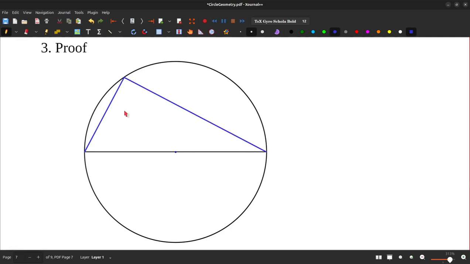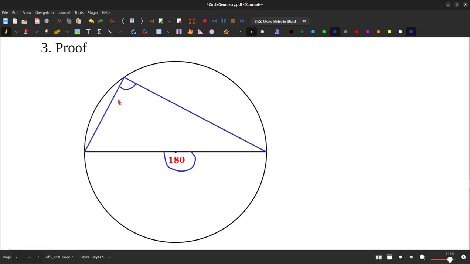Now we are first going to use our theorem 1, which says the angle at the center is twice the angle on the circumference. Now this is our center, and the angle here is 180 degrees. That's a straight angle. You want to find the value of the angle at this point here.